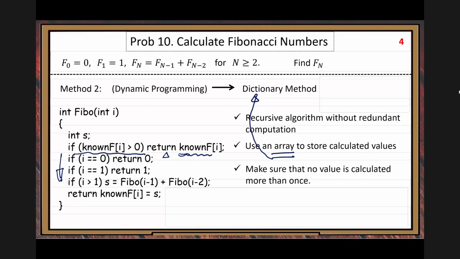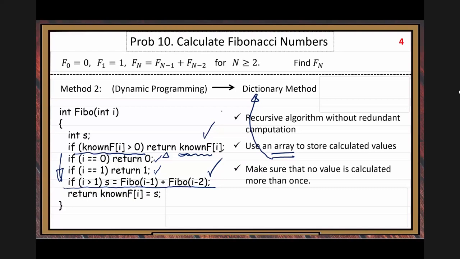So, two base cases. Then on this line, you do the calculation. It's still a recursive call, but you don't worry, because most of these recursive calls will use the known value.